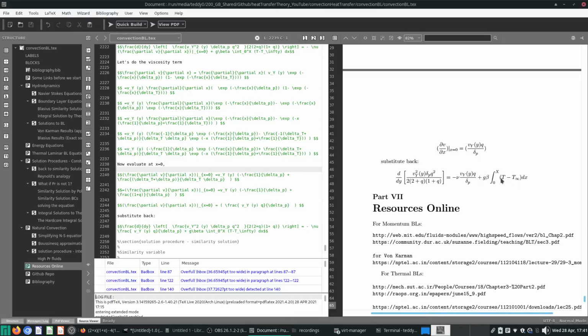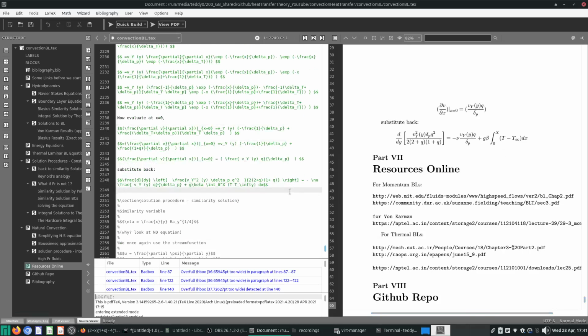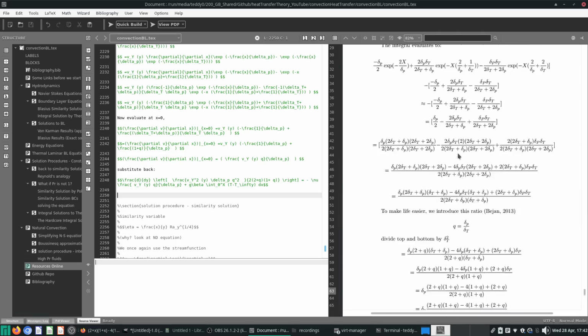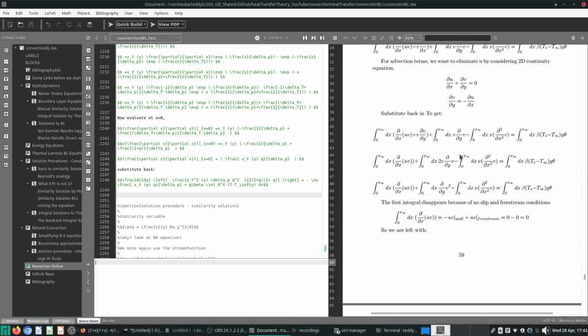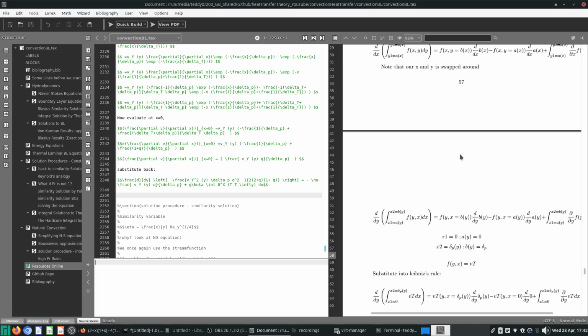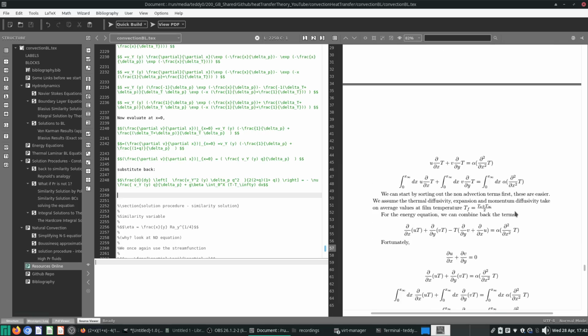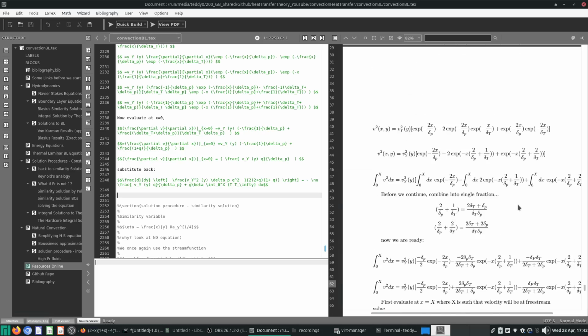We just want to do this integral here, and then we should be done. Okay, let's see this integral and check out what our temperature profile should be. Temperature profile, where are you? This thing is so long.